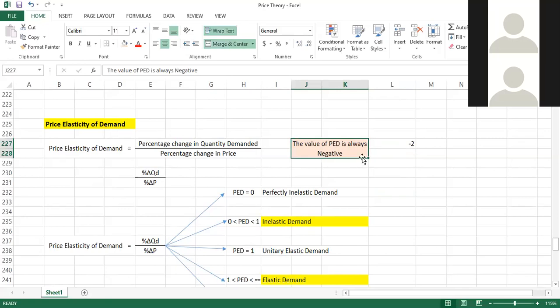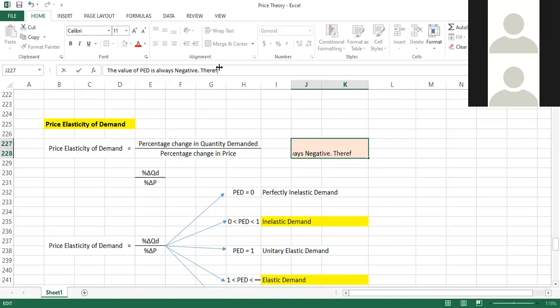The important point here is that in price elasticity of demand, the sign is not considered. Therefore, we consider only the absolute value.